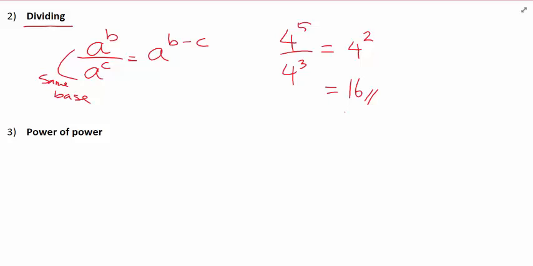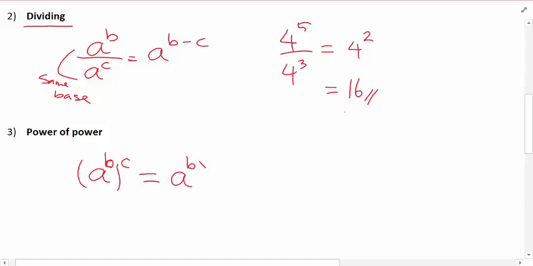All right, let's go to the power rule. So in the case of the power rule, you have a to the power of b, to the power of c. And what happens now? Yeah, you actually have to do the multiplication. And it's kind of interesting: for multiplication and division, to simplify the exponents, what did you have to do?